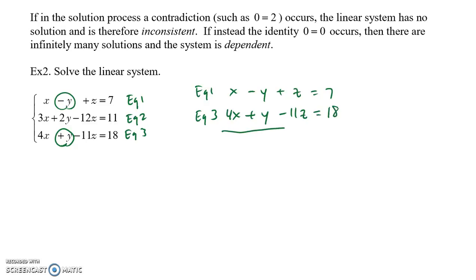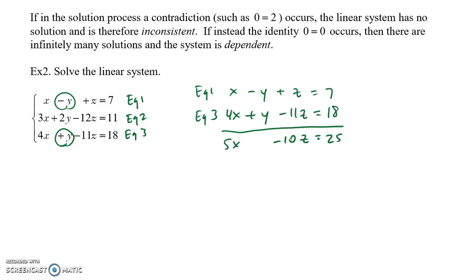And then we're going to add terms on both sides of the equations. x plus 4x is 5x. The y terms cancel. z plus negative 11z is minus 10z. And 7 plus 18 is 25.